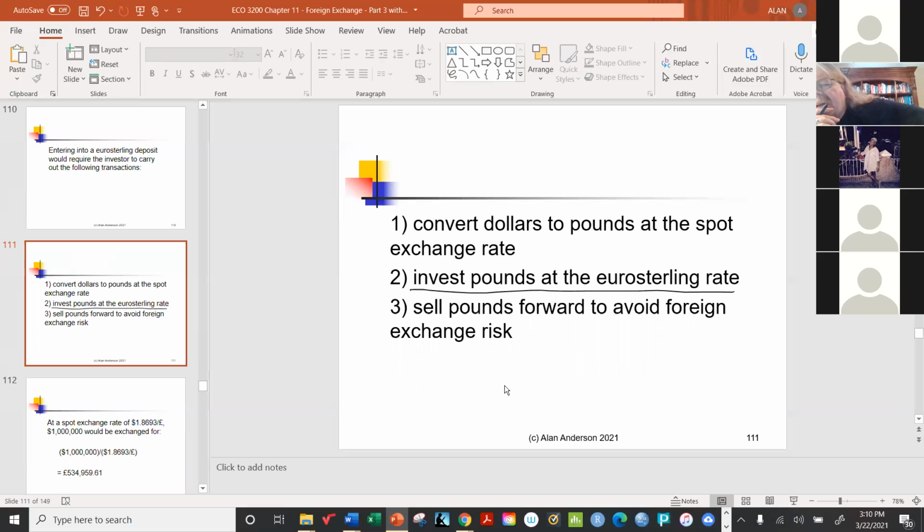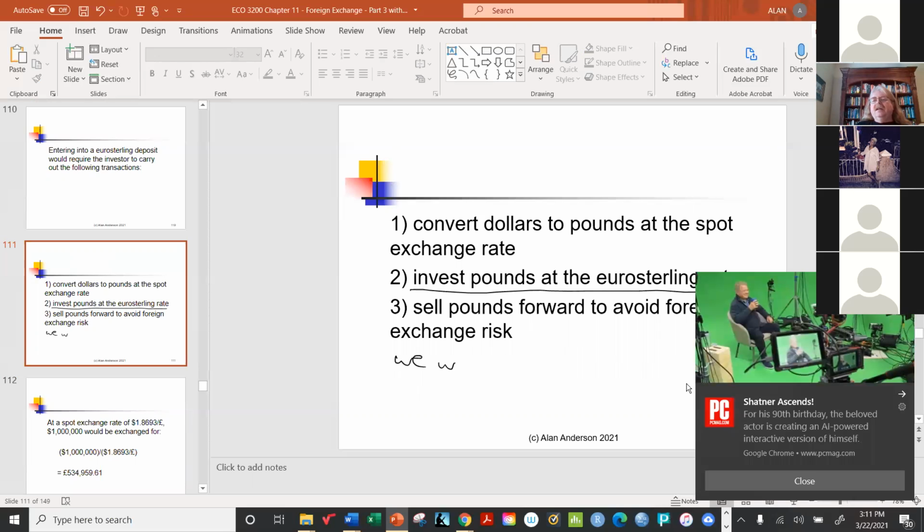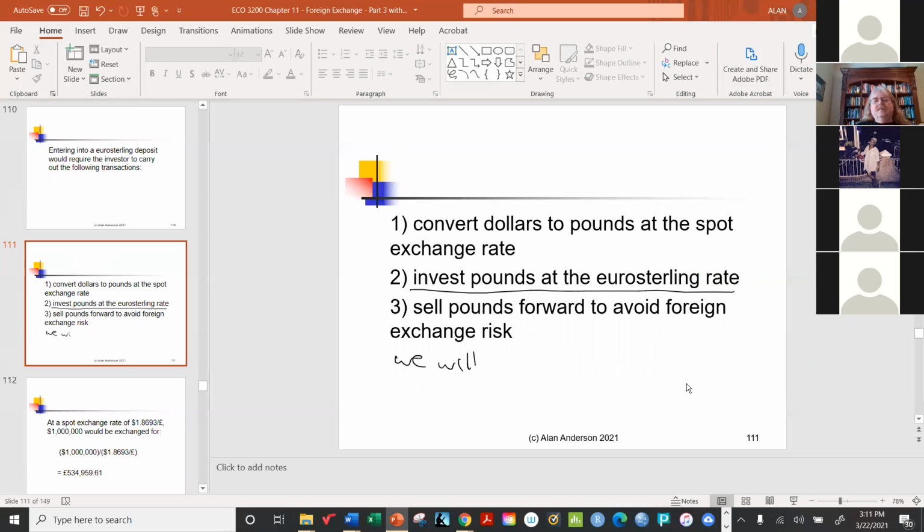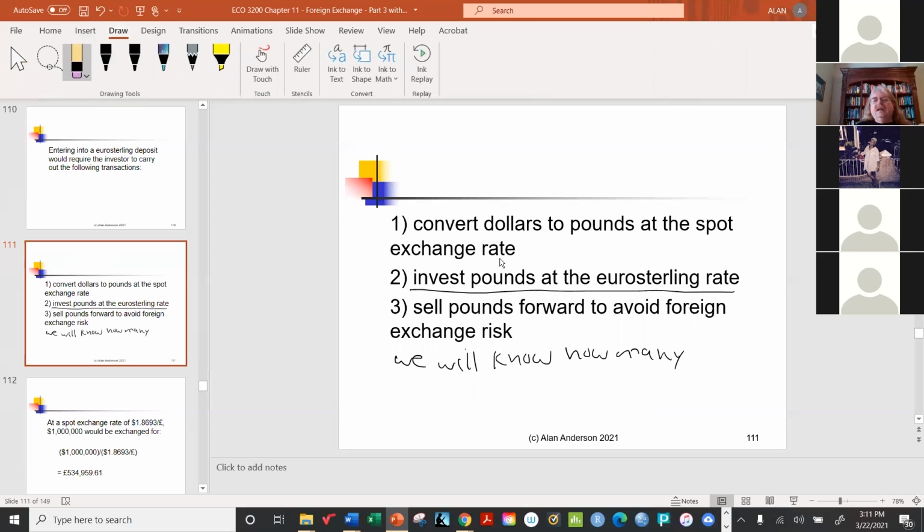So we figure that out, and we enter into a forward contract in which we agree to sell exactly that many euro sterling for dollars at whatever the quoted forward exchange rate is. So therefore, we know exactly how many dollars there will be in this account in 180 days. There's no mystery about it. There's no risk.